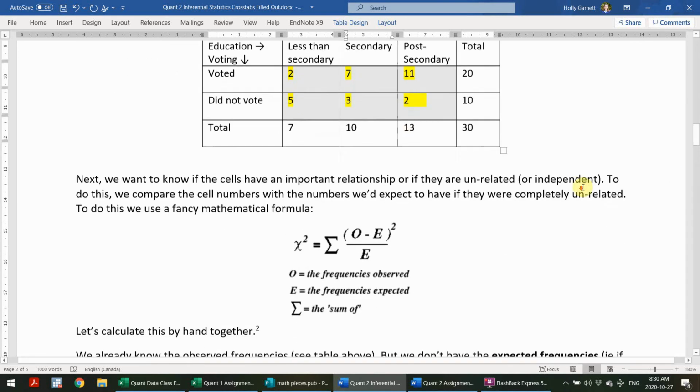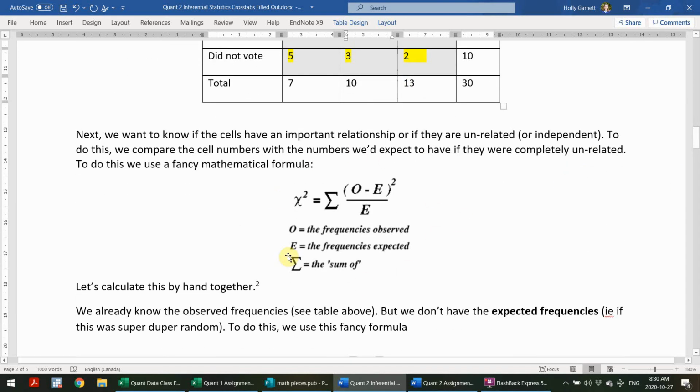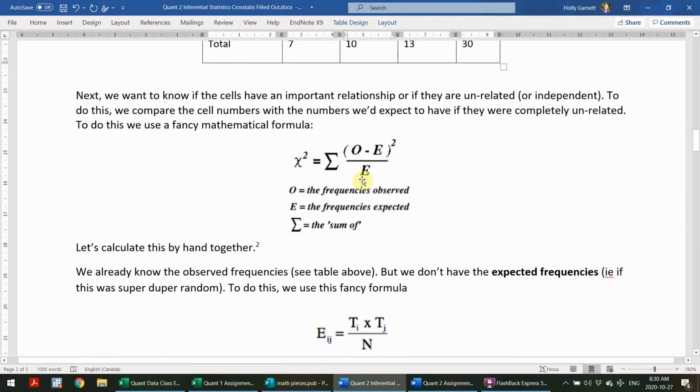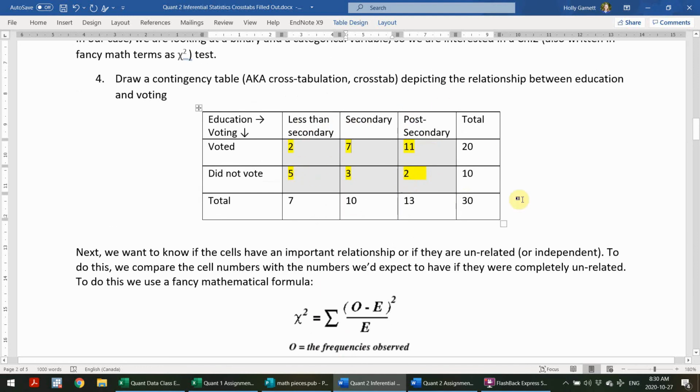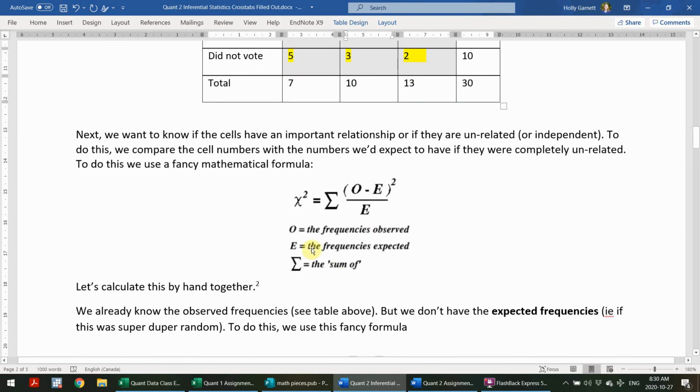To do this, we use a very fancy mathematical formula, and we're going to calculate this by hand. Woohoo! Okay, so there's pieces of information we need. The sum of, that's this big, large E thing going on here. We need the frequencies observed, so that's what we observe. We got that.